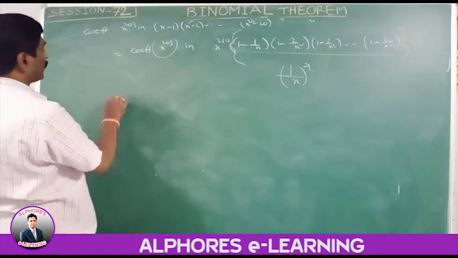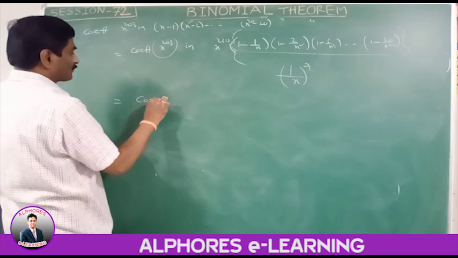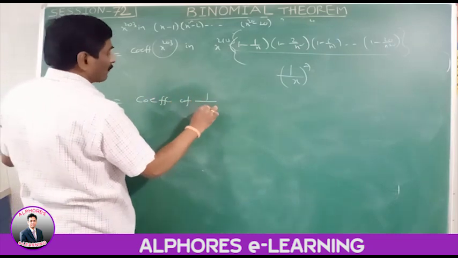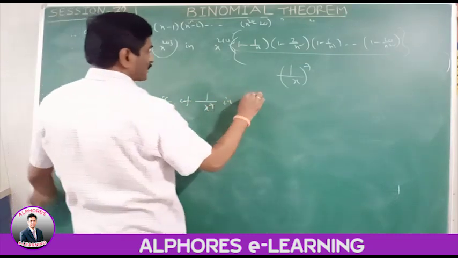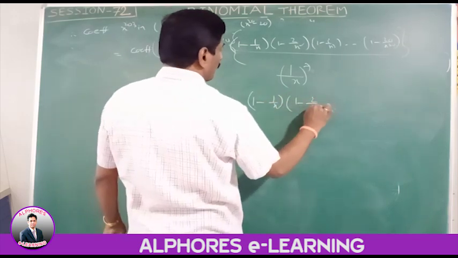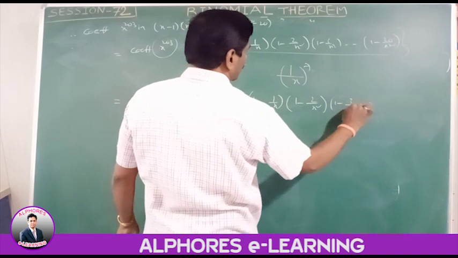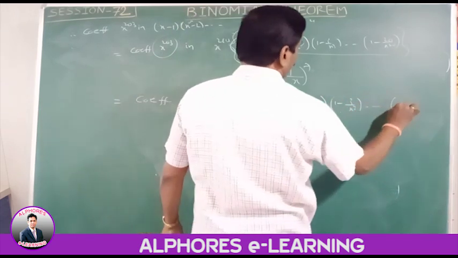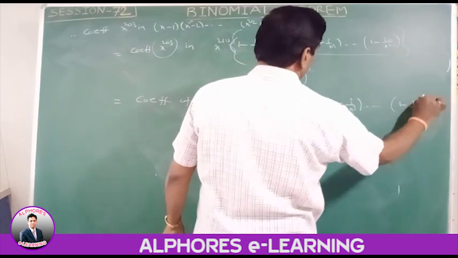That is equal to the coefficient of 1/x^7 in the expansion of (1 - 1/x)(1 - 2/x^2)(1 - 3/x^3) and so on, up to (1 - 20/x^20).